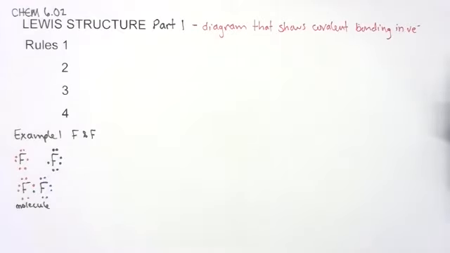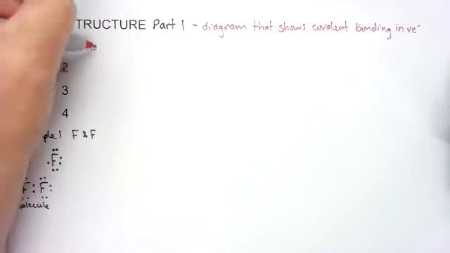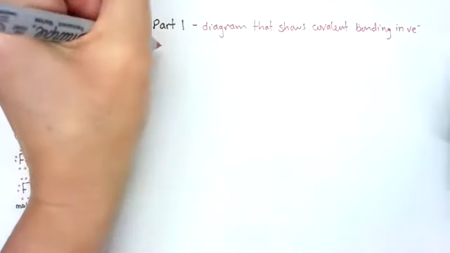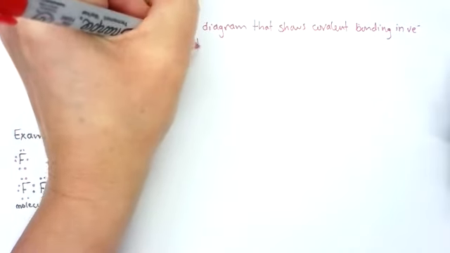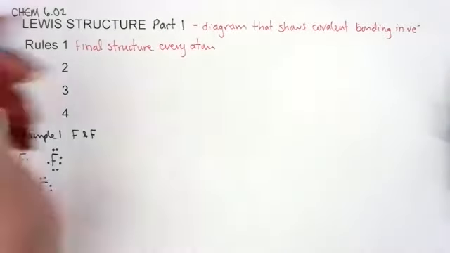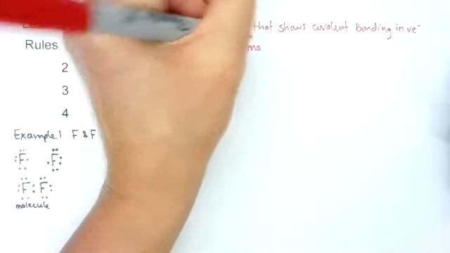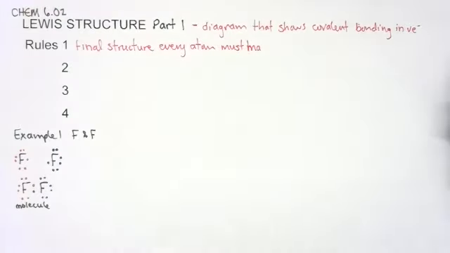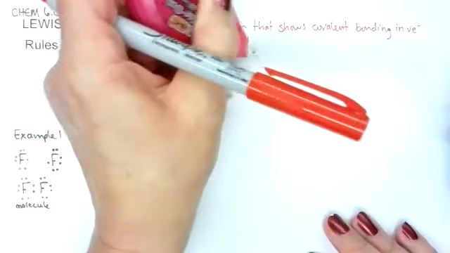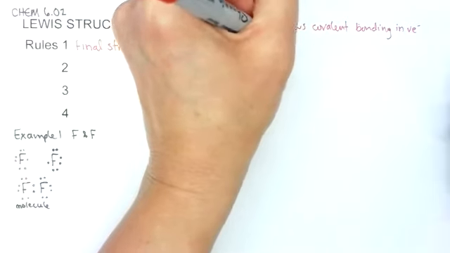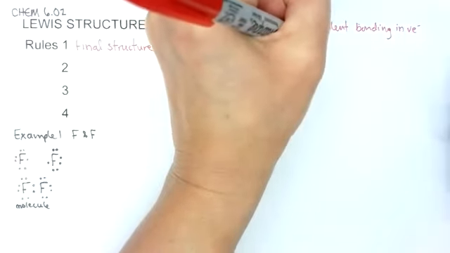So as we do these, the first rule is that at the end, in the final structure, every atom must have an octet, must have 8 valence electrons, except there are 2 exceptions.